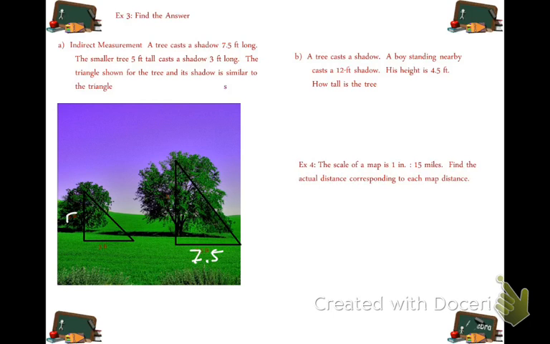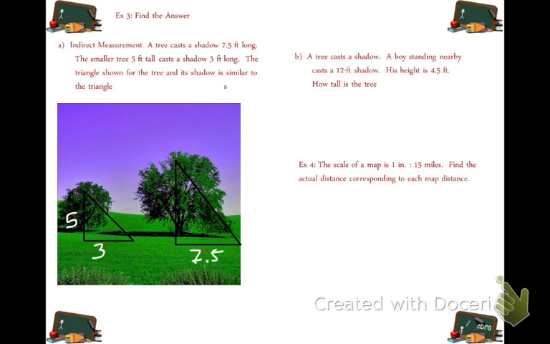The smaller tree is 5 feet and the shadow is 3 feet. I'm going to try to find a proportion to figure out how tall the tree is. I'm going to make that an X. How tall is the bigger tree?